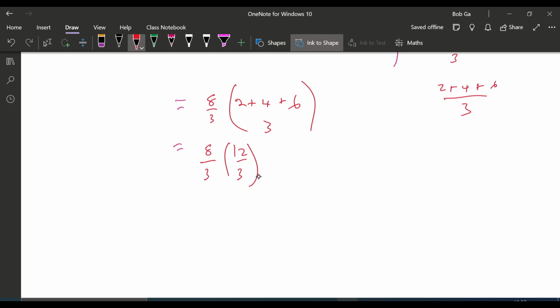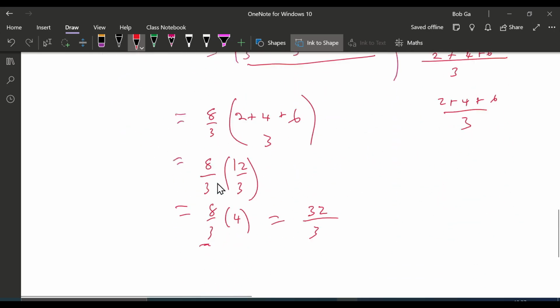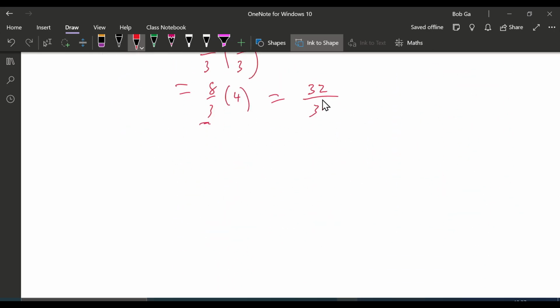This gives us 8 over 3 into 4, which is 8 times 4, 32 over 3. So that's how we were able to prove that this total area, the value we've been summing up here, is 32 over 3 as we were asked to prove.